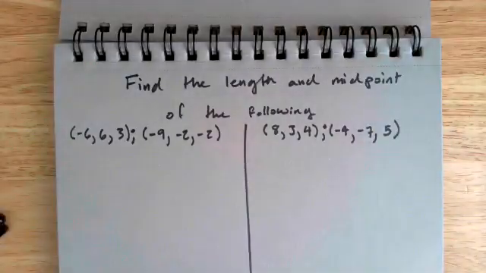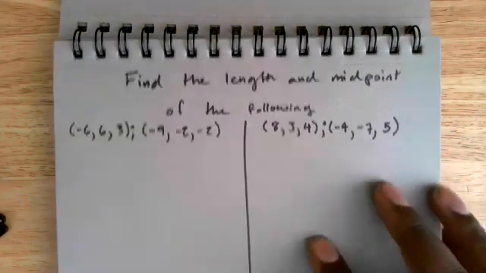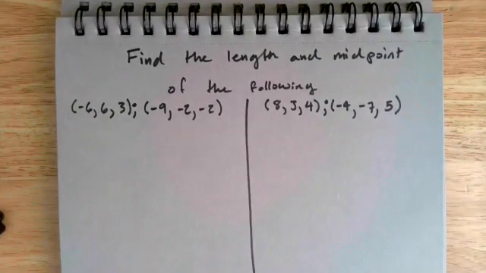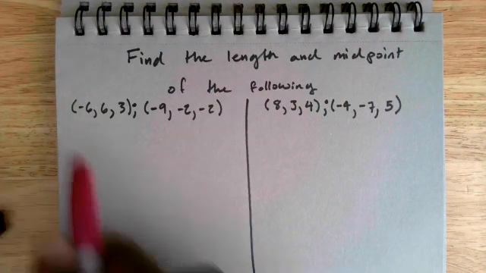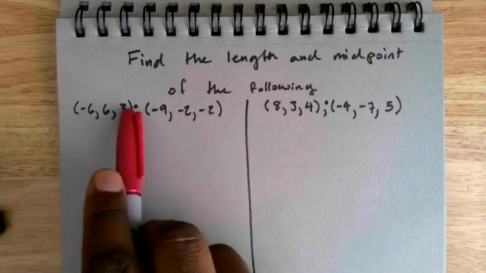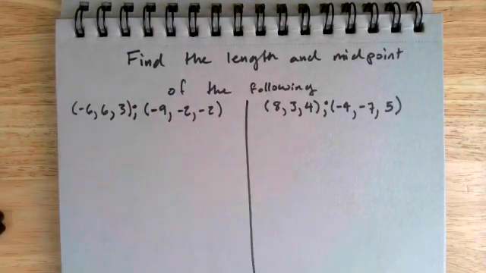So let's take a look at these problems. Find the length and midpoint of the following, okay? So we're going to find the length and midpoint between (-6, 6, 3) and (-9, -2, 2).